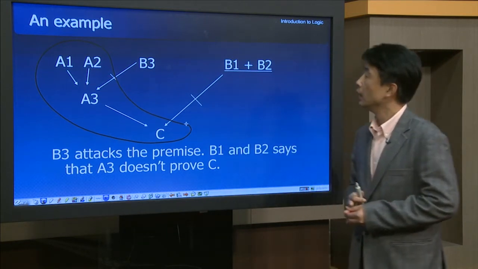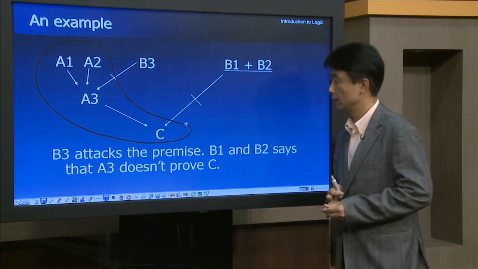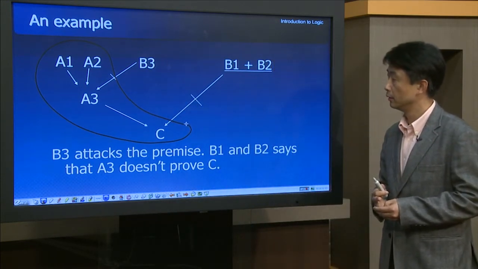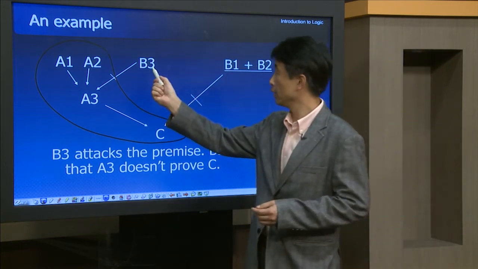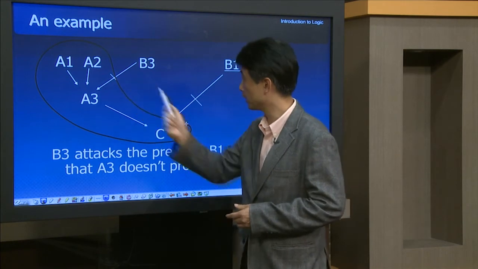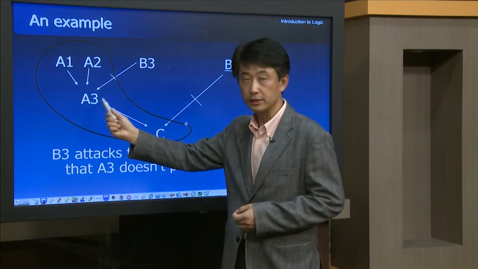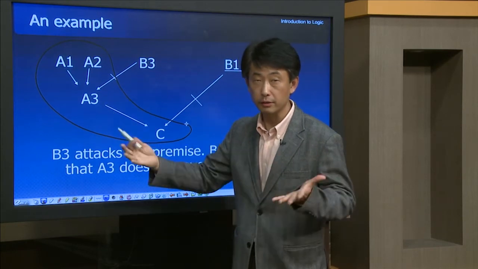Now, what is B3 doing here? B3, with the slash mark here, indicates that A3 is not the case. Now, what is A3?